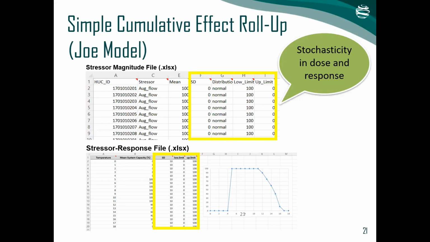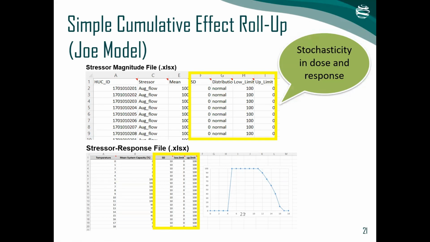One thing that's really important and really powerful about the Joe model is that the structure of the stressor magnitude file and the structure of the stressor response relationship file has standard deviation, which allows for stochasticity in both the dose and the response curve. So the stressor magnitude file characterizes the stressor values for each location.